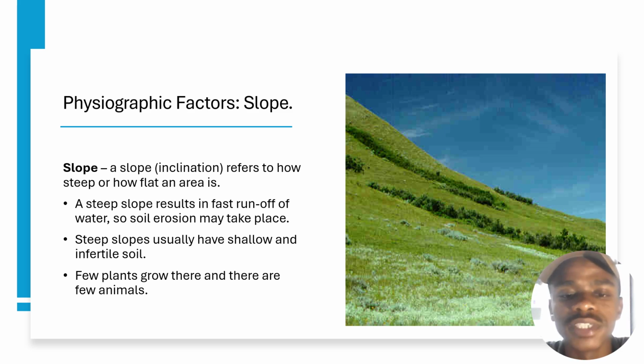It also has shallow and very infertile soil, because the soil there is usually washed off, which leaves a hard ground, where we find only sandy soil, which has fewer nutrients and has no ability to cater for the growth of plants.